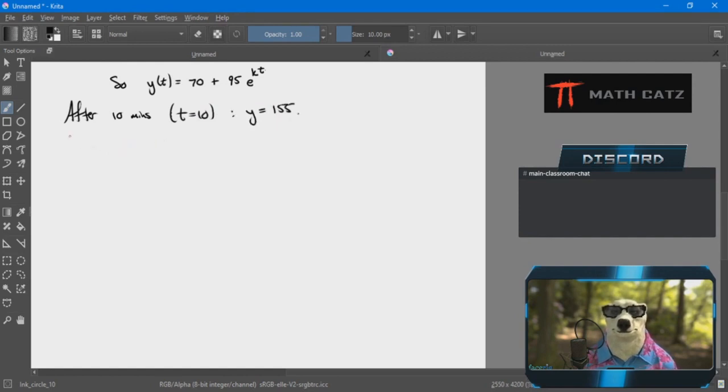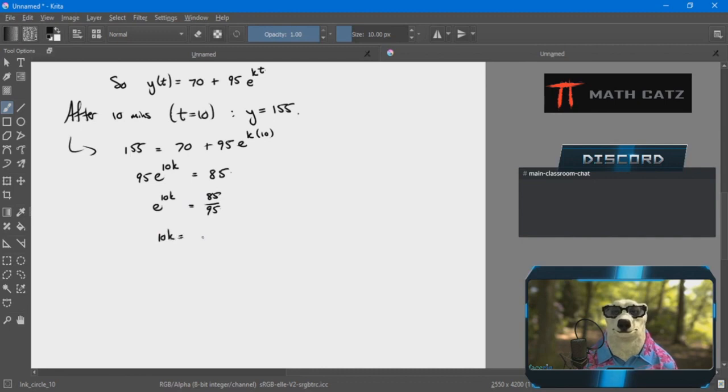So we can plug that in. So at 155 for y, everything else is the same. k is what I'm looking for, and 10 for t. So 95 e to the 10k is 155 minus 70. So that'll be 85. So e to the 10k is 85 over 95.